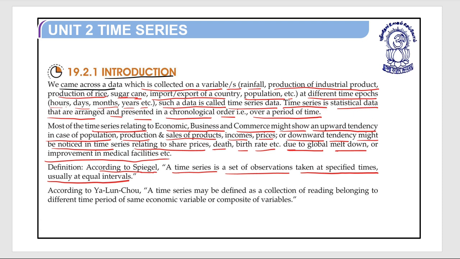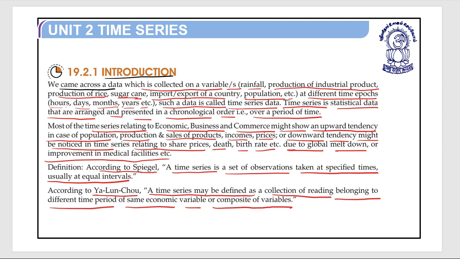According to Ya-Lun Chow, a time series may be defined as a collection of readings belonging to different time periods of the same economic variable or composite of variables. So, one definition is that a time series is a set of observations taken at specified times, usually at equal intervals.